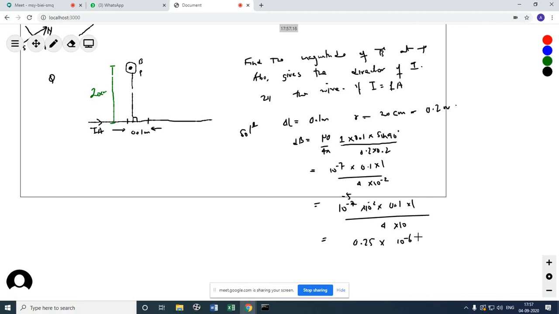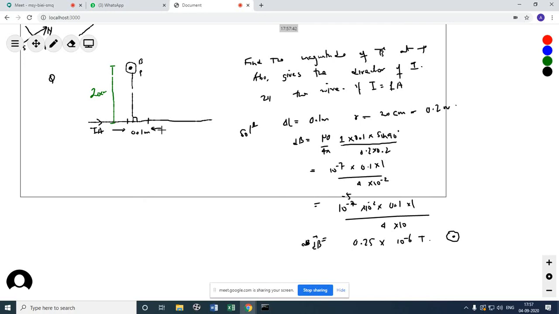Okay, so this is 1 and length is how much? 0.1. So 0.1 into sine 90, because this is 90, divided by r square. R is how much? 0.2 into 0.2. So this is 10 to the power minus 7.